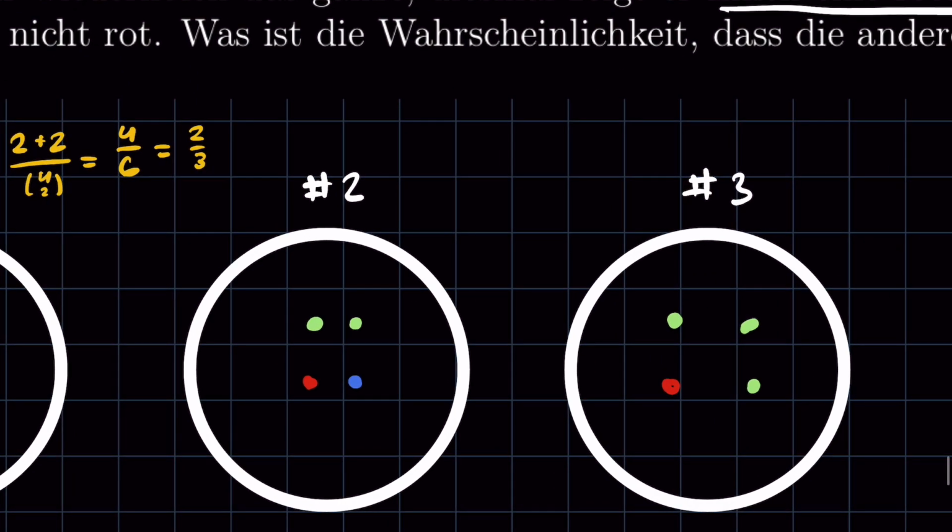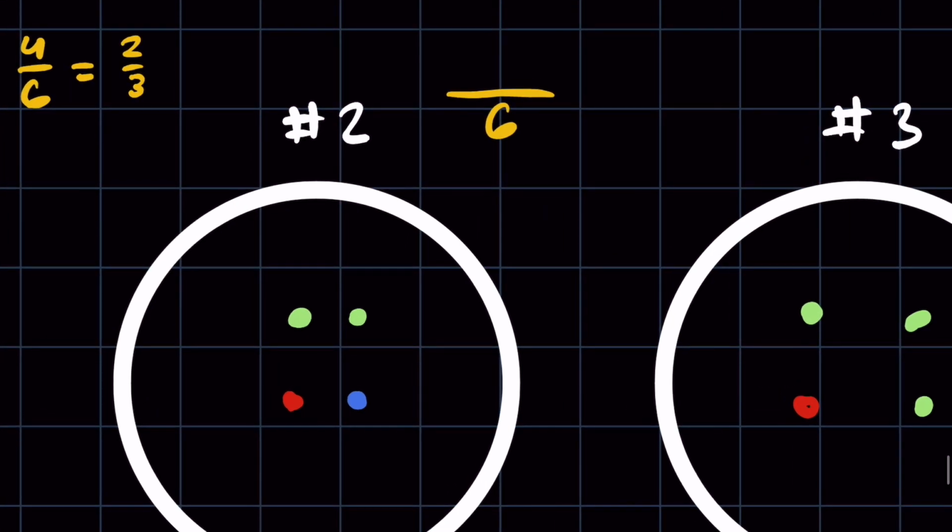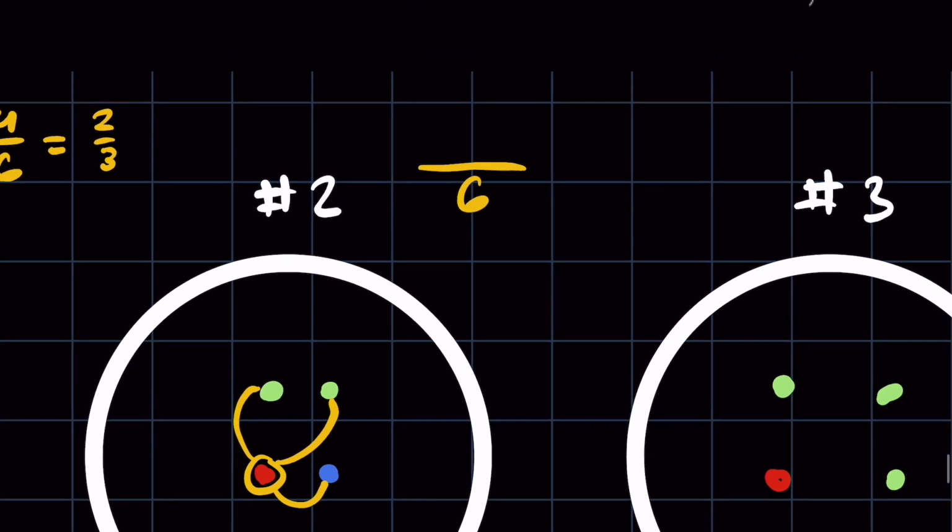So we have 6 possible cases, as per usual. And we want to choose, what's the probability of me getting this one, or this one, or this one? So we have 3 and 1, I think it was. Let me just check.